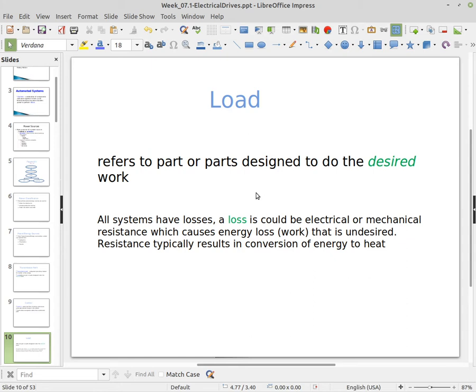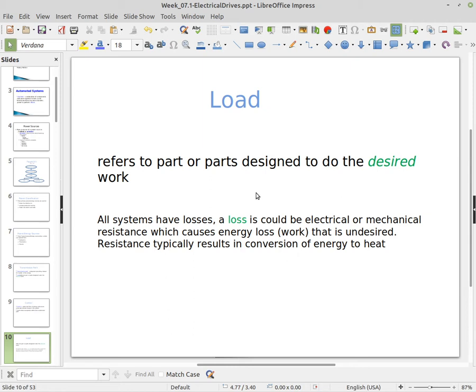However, we also have losses. All systems are going to have some loss. Loss could be the electrical loss due to resistance in the wires, or mechanical loss due to more of a mechanical friction type resistance.